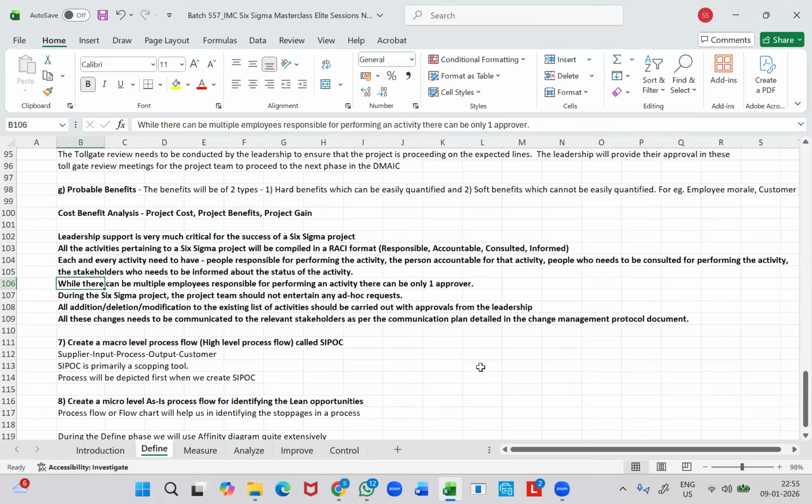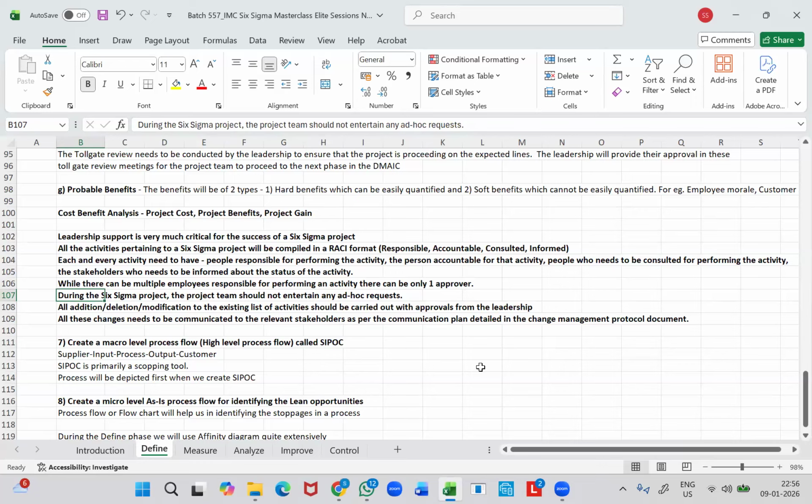And also during the Six Sigma project, you know, there can be various quarters, which might actually place requests to the project team to include their suggestions, right? So we might actually come up with a lot of requests placed by these multiple teams when the project team executes the Six Sigma project.